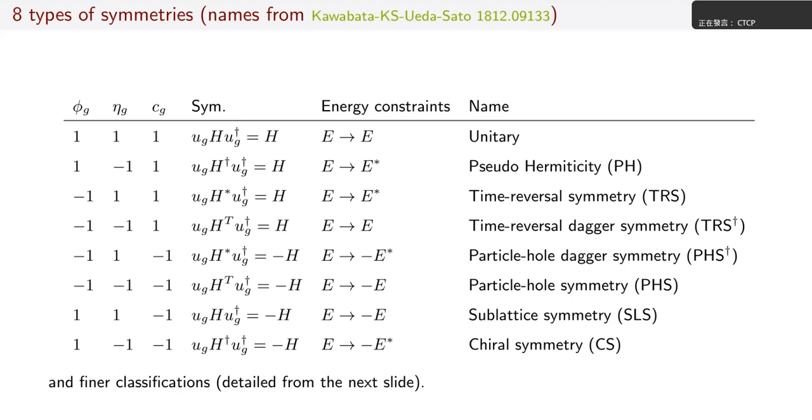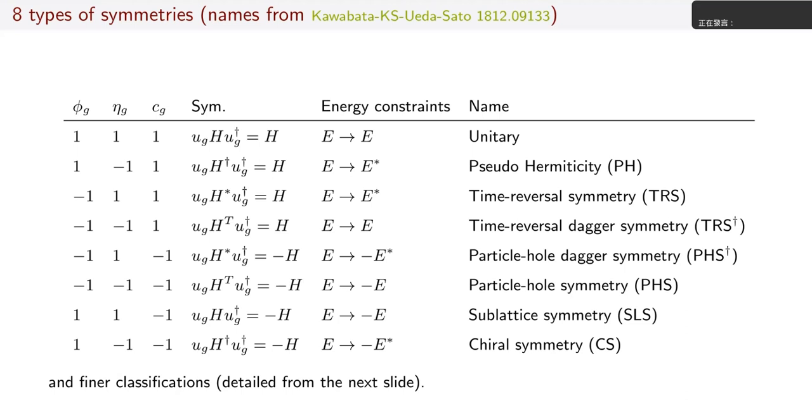This one, time reversal Dagger symmetry, is a kind of new name of the symmetry in non-Hermitian systems. It is a symmetry of type transpose without negative sign.